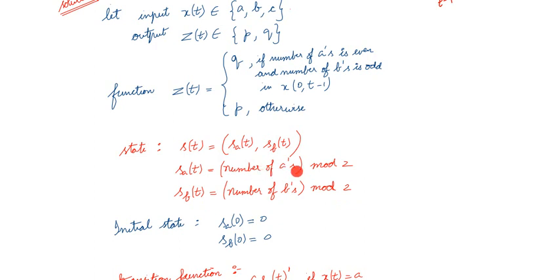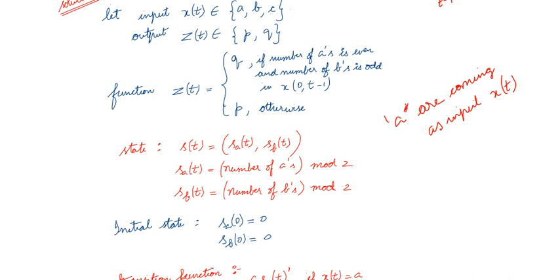Number of a's means how many a's are coming as input x of t.